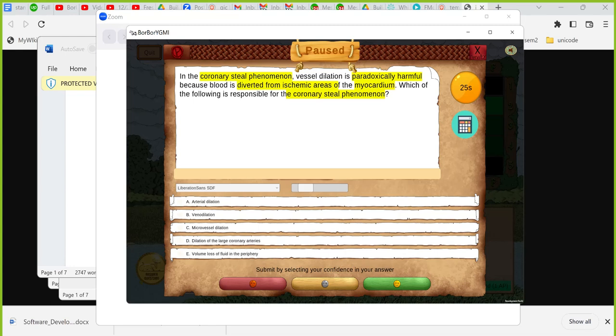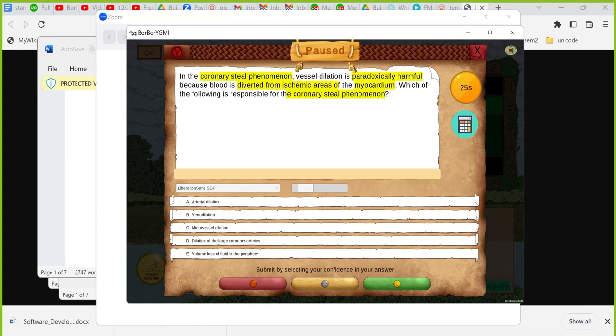Because the low resistance vessels get more blood, by dilating the other vessels, you're saying, why don't we send less blood to the coronary artery that's receiving too little blood to begin with? Yeah. So that's the nature of all like artery steal phenomenons.